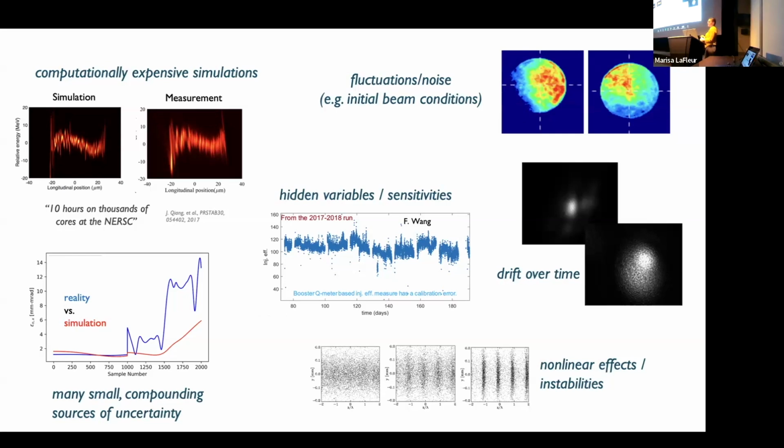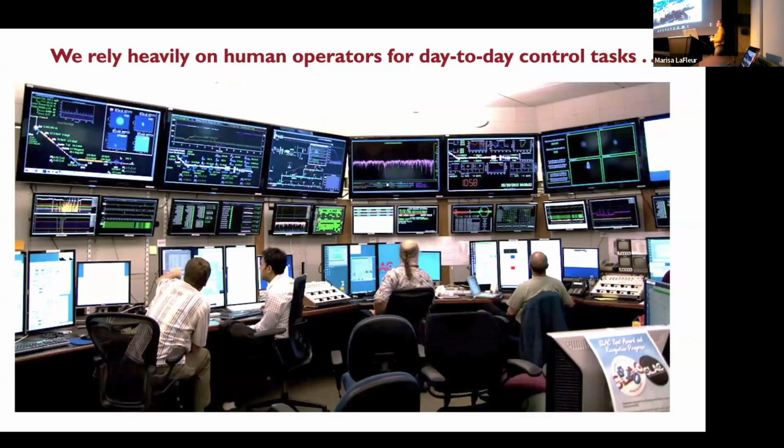And then we also have lots of time-varying changes that occur that are hard to identify the sources of. And then aside from that, we also have things like noise and initial conditions. So this is an example showing shot-to-shot fluctuation in the initial parameters of the beam coming off of a drive laser. And so we're battling all of these different factors when trying to control these systems.